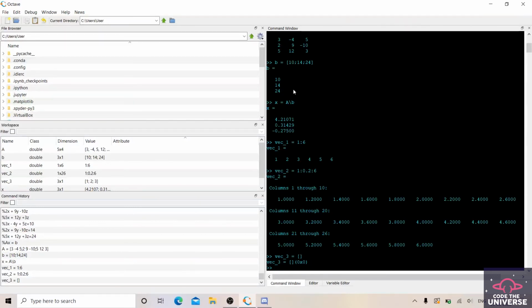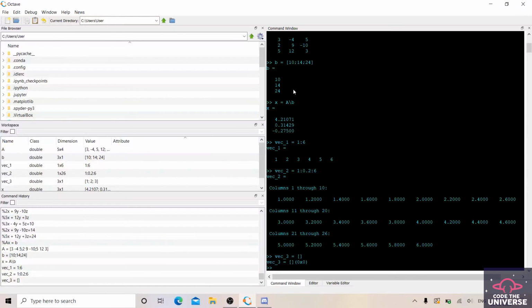This is just for easy identification. When you're writing huge programs, you'll be dealing with a lot of matrices, and it might not be easy to keep the sizes of everything in mind. So it's just for convenience that we name it, and I do suggest that you name it that way.